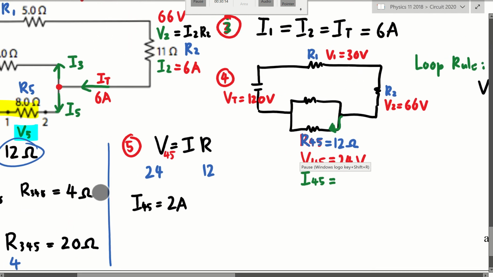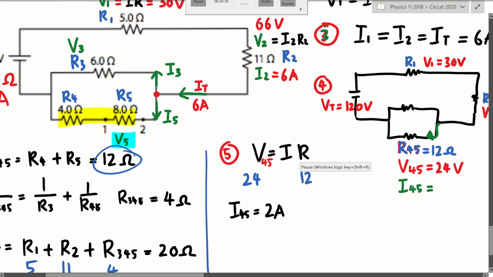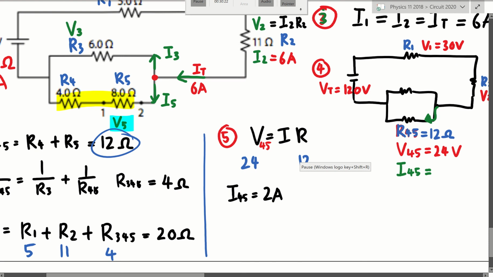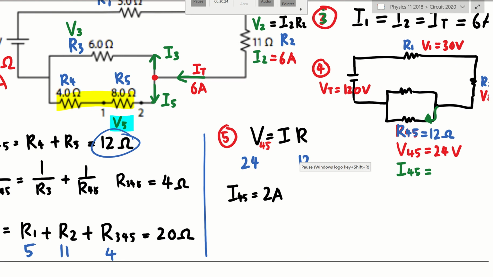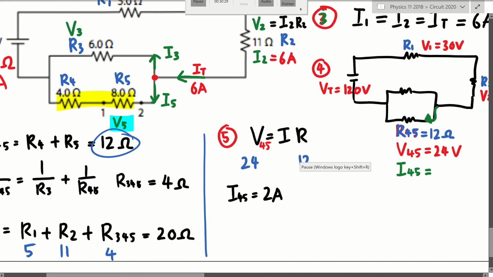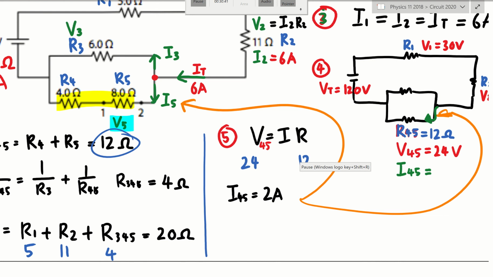Now, how does that help us do the rest of the question? I45 being 2 amp, I45 is the one that goes through here. It doesn't matter if you combine it. I'm going to erase that later for clarity. The amount of current that goes through the bottom path is exactly the same regardless of whether you combined it or not.